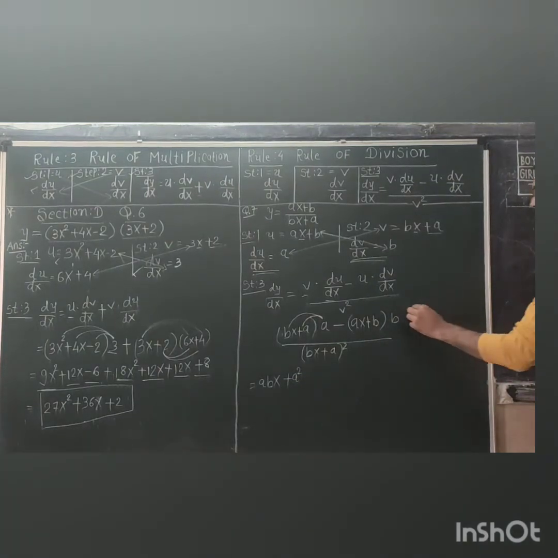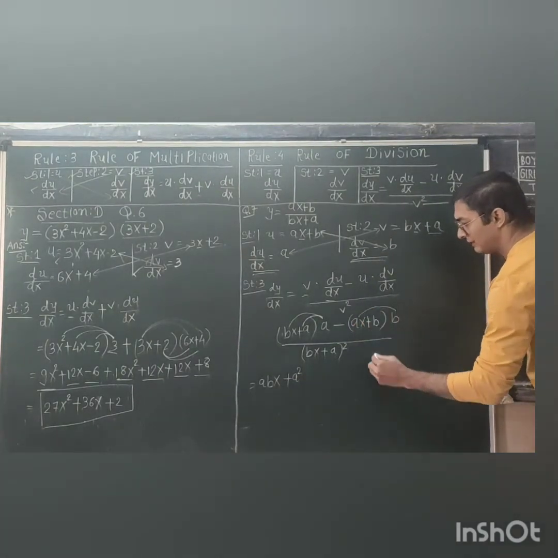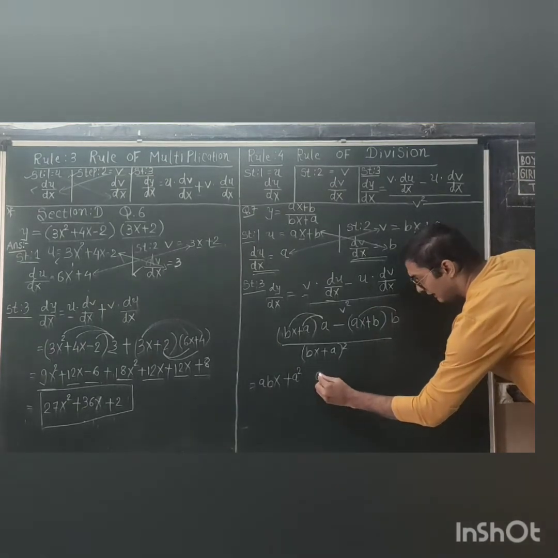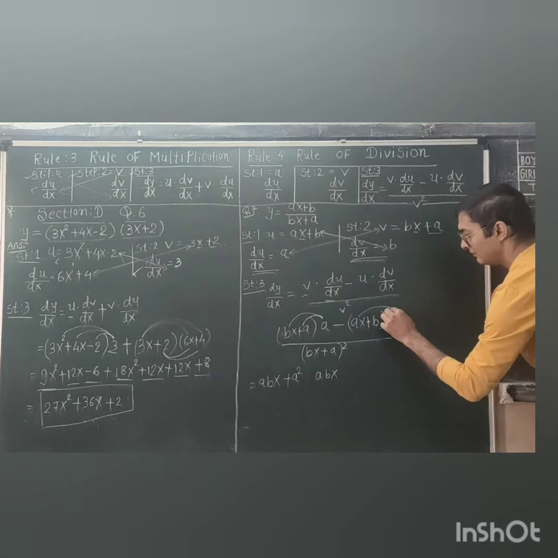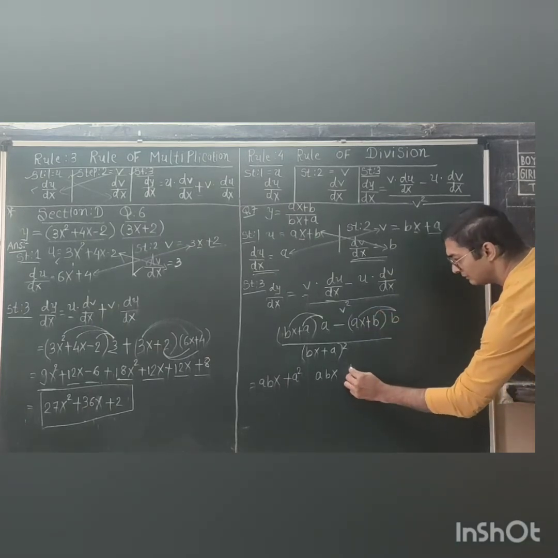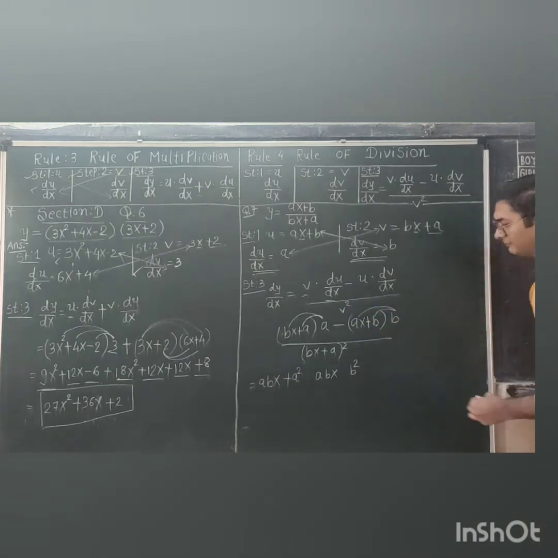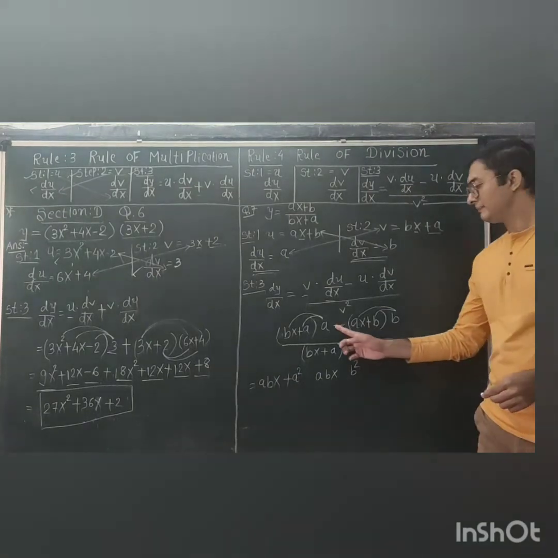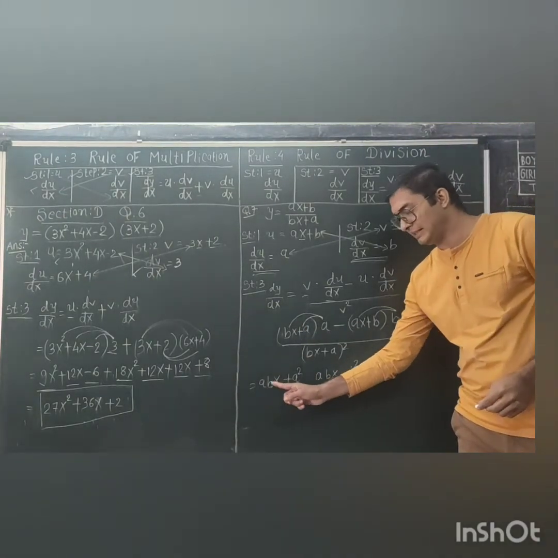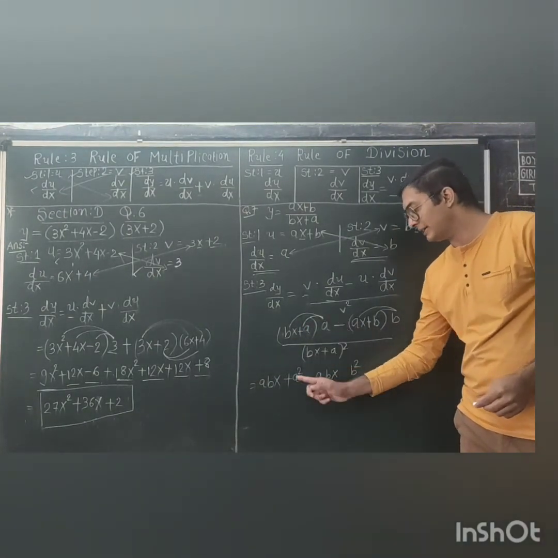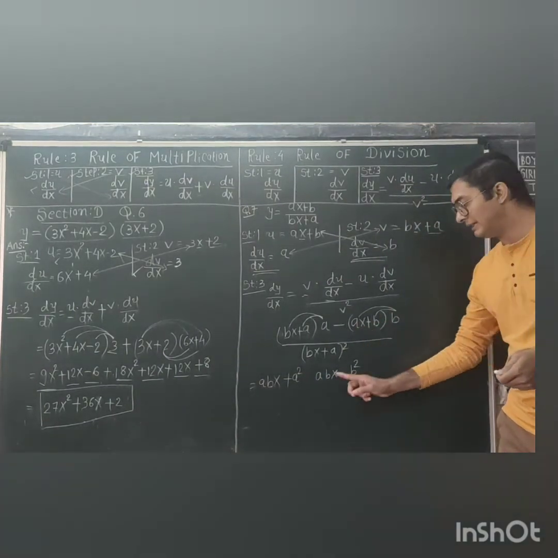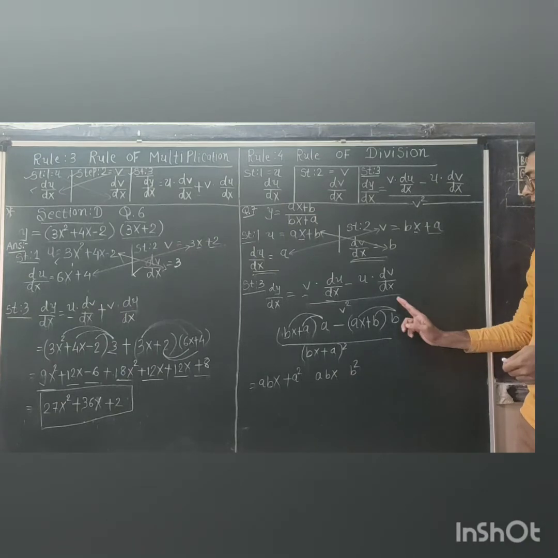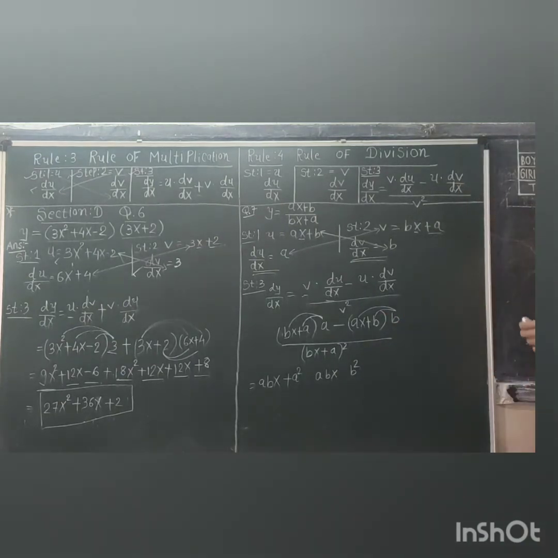Same way b multiplied by ax is abx and b multiplied by b becomes b square.